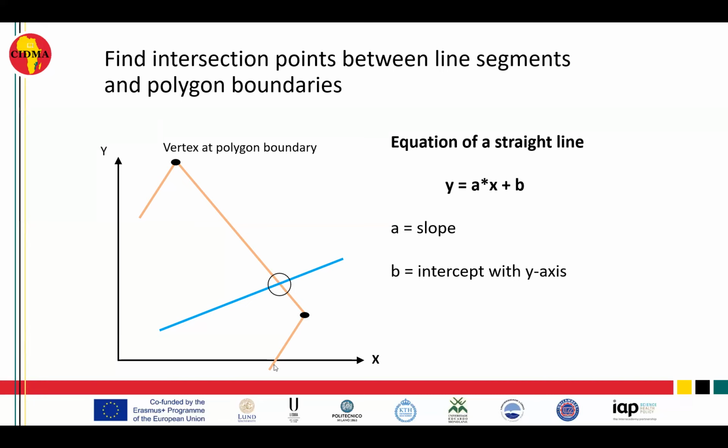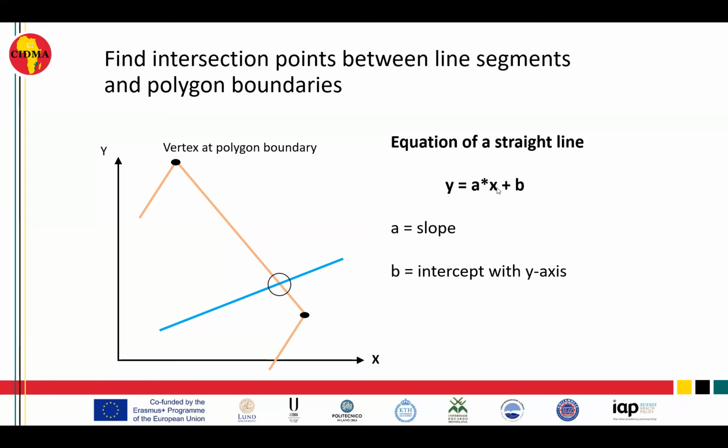And this one will have another equation, and this line will have yet another equation. And in the equation for the straight line, it's called y equals a multiplied by x plus b.